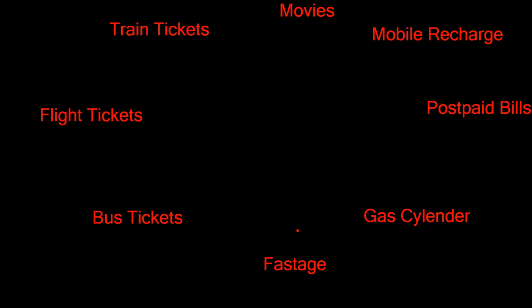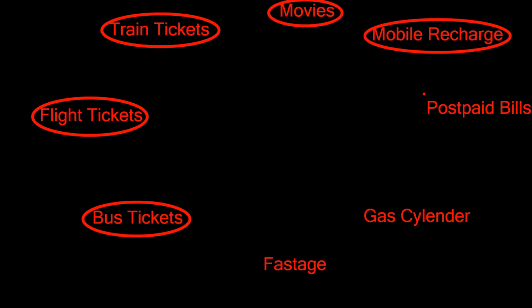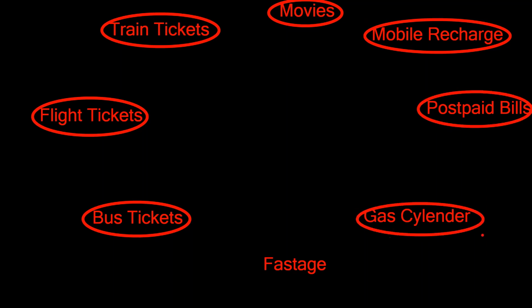See here, this is a general example. If I want to book bus tickets, I need to install a bus ticket related app. If I want to book flight tickets, I need to install flight ticket booking software, meaning an application. Likewise for train tickets, movie tickets, mobile recharge, postpaid bills, gas cylinder booking, and FASTag recharge.